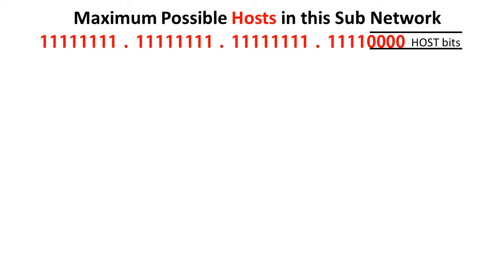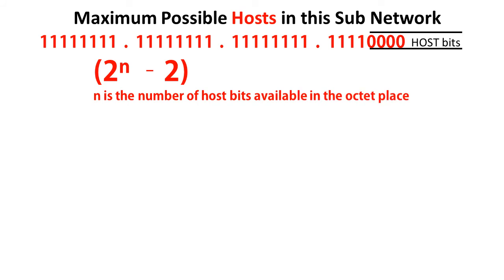Let us now calculate how many hosts can be allotted in this new subnetwork. It is calculated as 2 to the power n minus 2. Here n is the number of host bits available in the octet place.